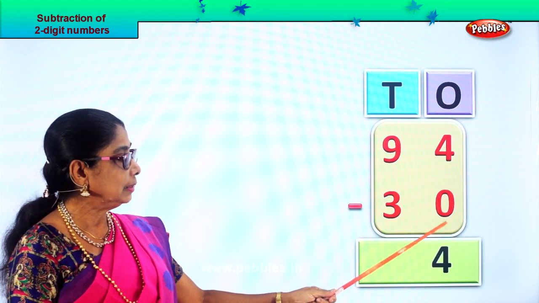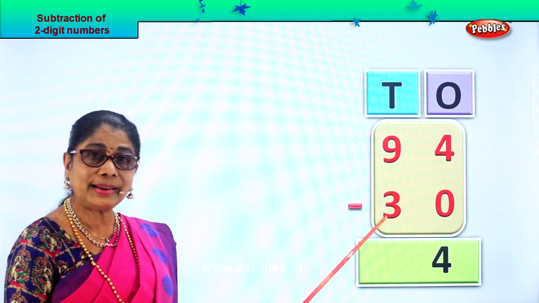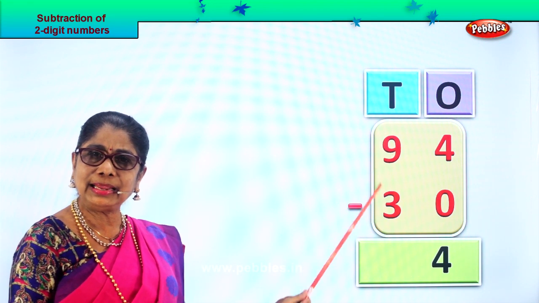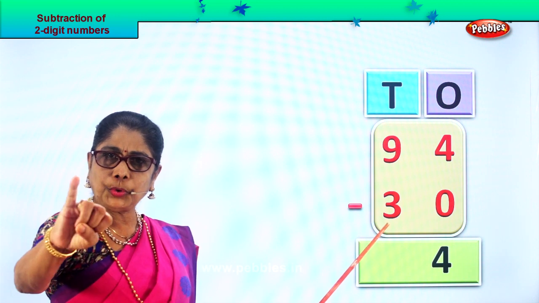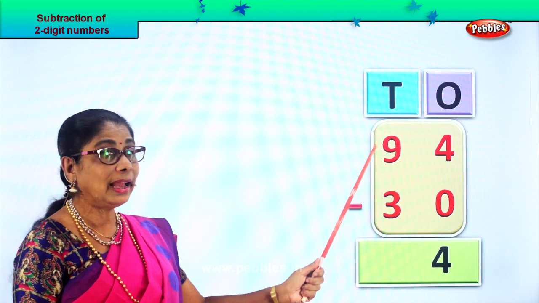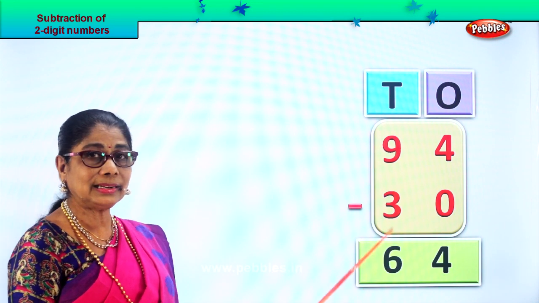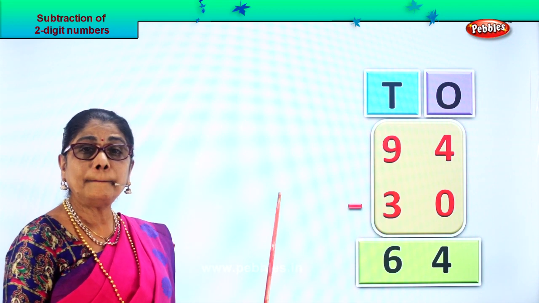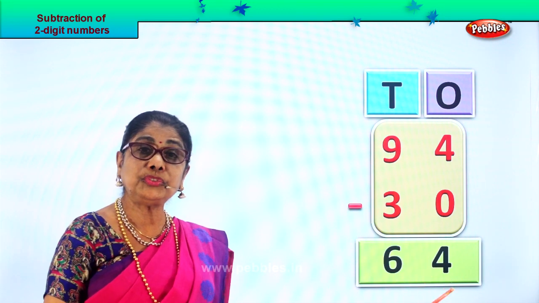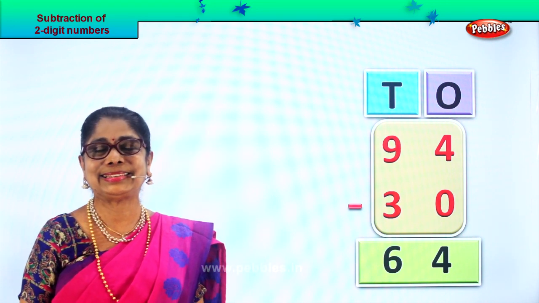Good. 9 minus 3. What is 9 minus 3? 4, 5, 6, 7, 8, 9. 6. 9 minus 3 is 6. So we write 6 here. 94 minus 30 gives you the answer 64. That is 6 tens, 4 ones.